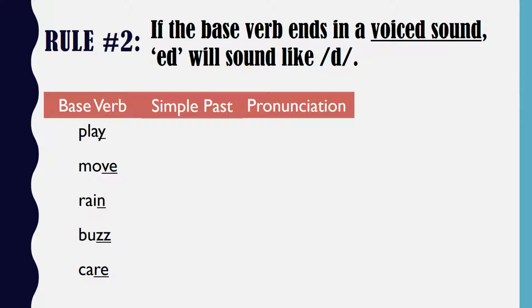Like all regular verbs, we will add ed to the end of these base words to spell the past form correctly. But this time, you will pronounce the past form by adding d to the end of the base verb. For example, play sounds like played, played, played. Now you try. Say the past form of played slowly at first and then faster.